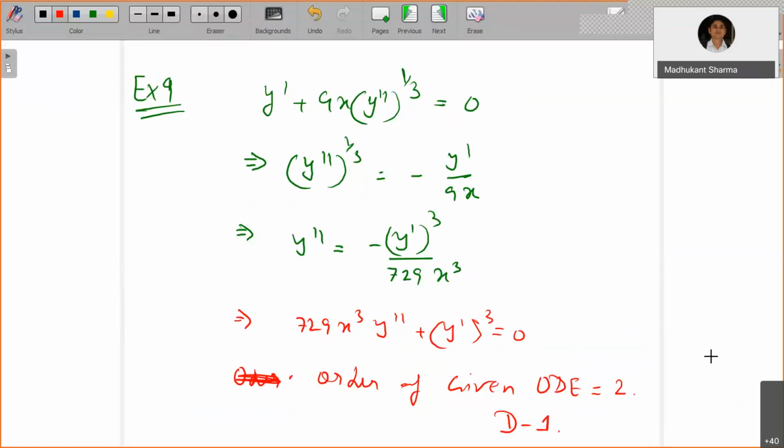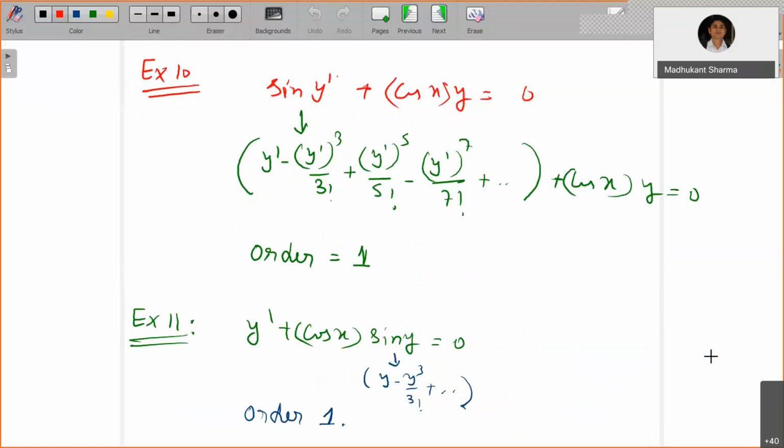Okay, right. Now the next example here. If you write this in Taylor series form, you see the powers of y dash are increasing: 3, 5, 7, and you don't know what the ending term is.